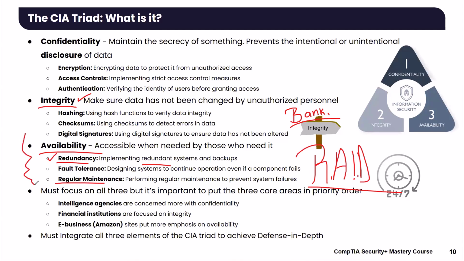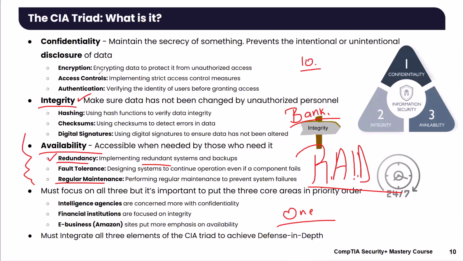Availability is available when we need it. Think about online companies like Amazon. Amazon.com doesn't have a physical store. If their website goes down... Amazon makes like $10 million every minute. Literally, $10 million every minute goes through Amazon.com. So their website going down is not acceptable. So availability is top notch for them.